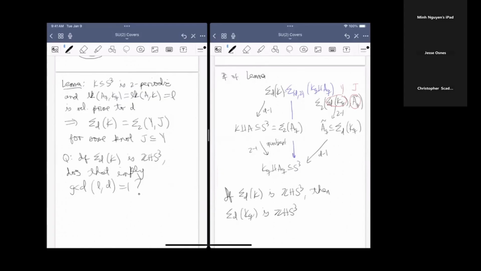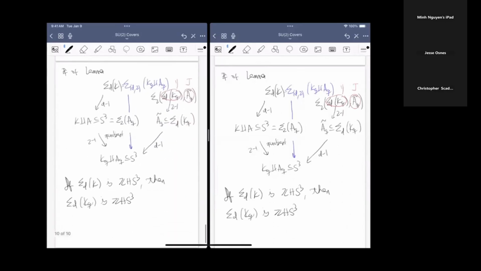And so I'm still talking about two-fold covers over integer homology spheres, which is important.